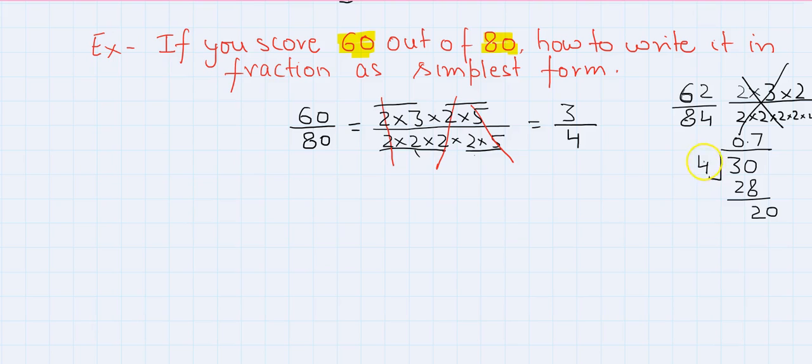Remaining 2. 4 times 5 is 20. So our answer, if it asks what percentage, is 0.75, which is equivalent to 75%.